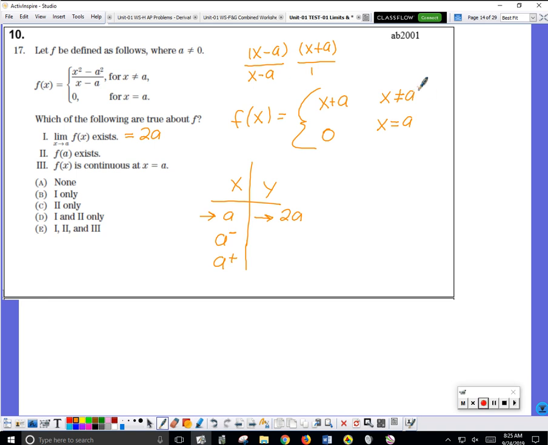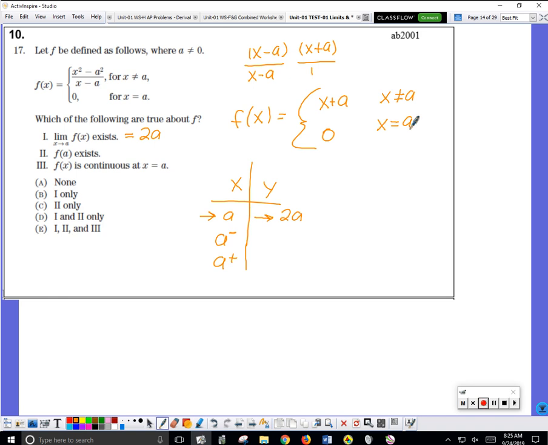Sarah said the purpose of this is to find the y-coordinates of the function. So when we're finding a limit, we want to say the x-coordinate is going to be close to a, what is the y-coordinate going to be? So am I supposed to use the top or the bottom, and why? How do you know?